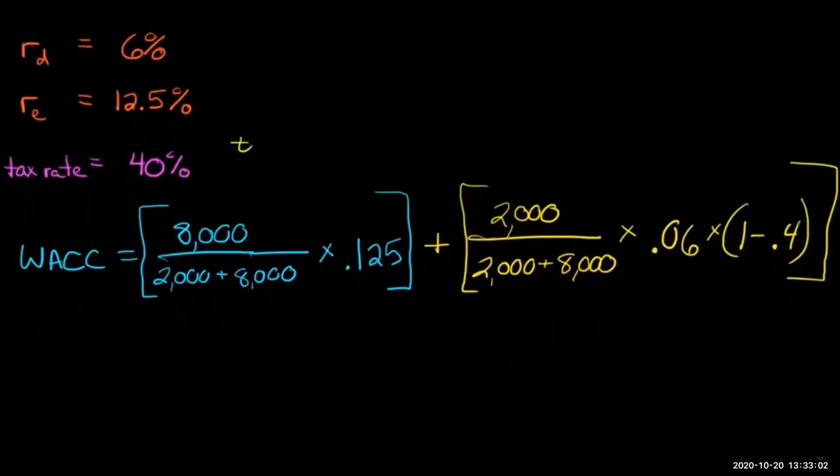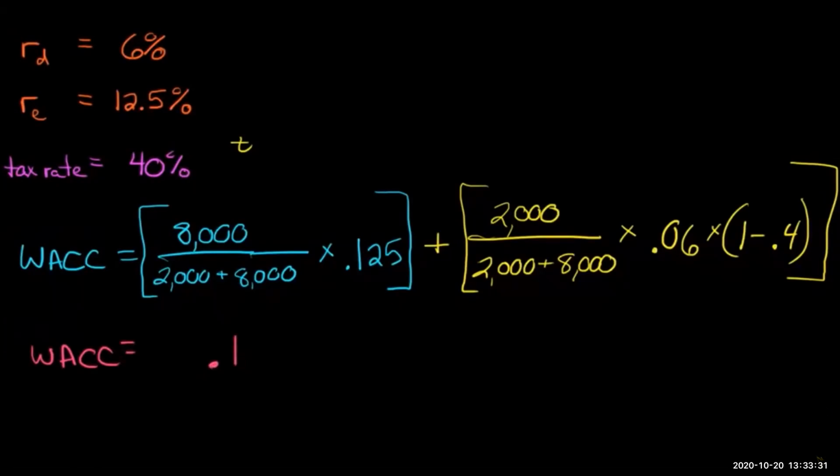But let me just save you the math here. If we take this whole piece right here, what that comes out to is 0.0072. And this first piece over here is actually 0.1.